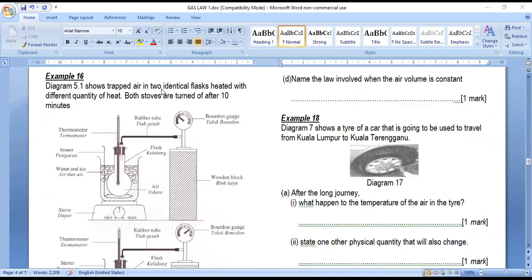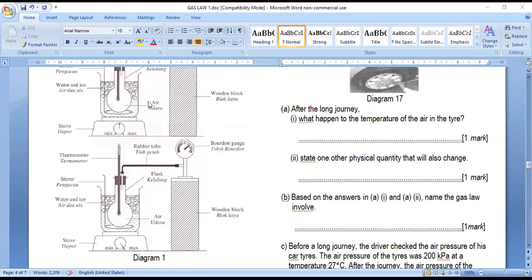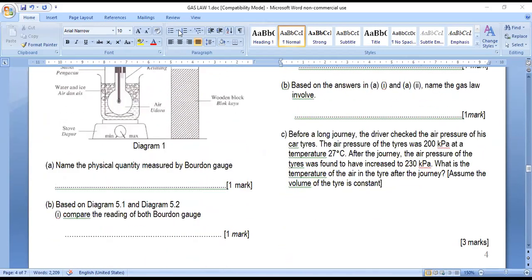Now we look at example 16. Diagram 5.1 shows trapped air in two identical flasks heated with different quantities of heat. Both stoves are turned off after 10 minutes. Name the physical quantity measured by the Bourdon gauge. That means, what is the Bourdon gauge measuring? The answer is gas pressure.